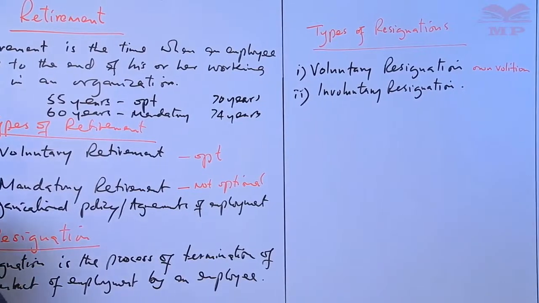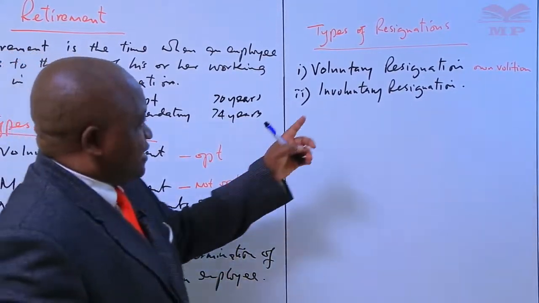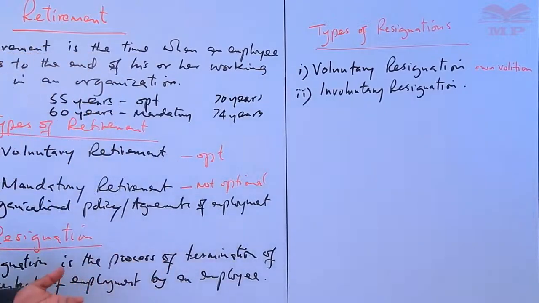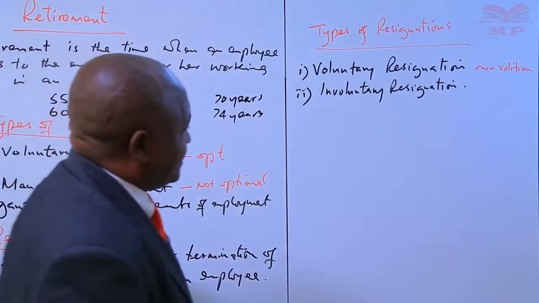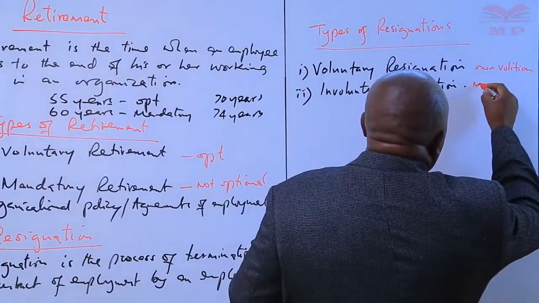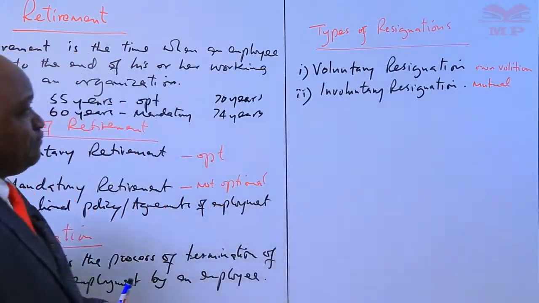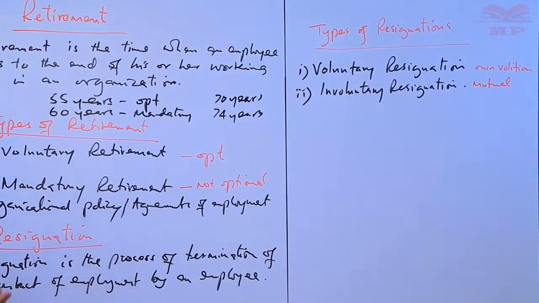When it comes to involuntary resignation, this is where the employee may be encouraged by the employer to put in a resignation, and in most cases this is done on a mutual basis. It's normally to assist the employee access particular benefits, because if the employee is dismissed, the employee may lose certain benefits.